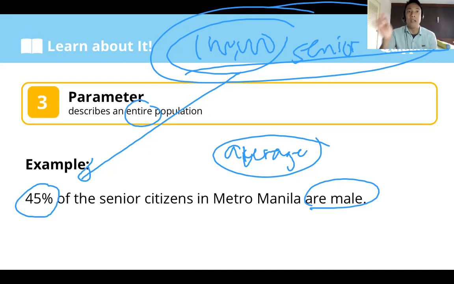So maybe you can say 20% of them chose red, chose pink, something like that. So only part of the population yung sinasabing parameter. Okay? So that will be the third one. Next.